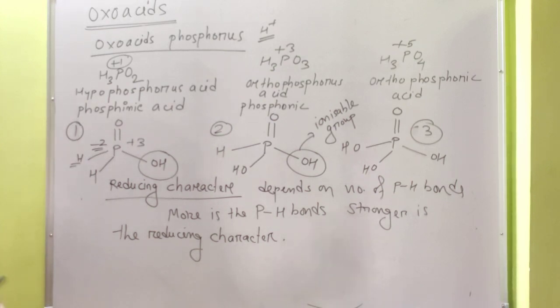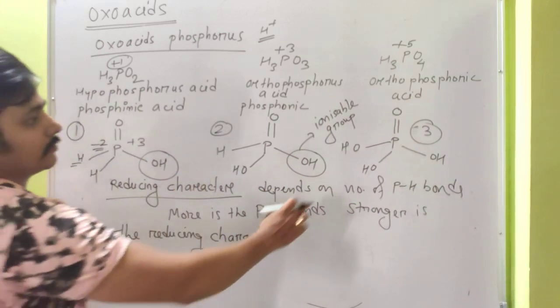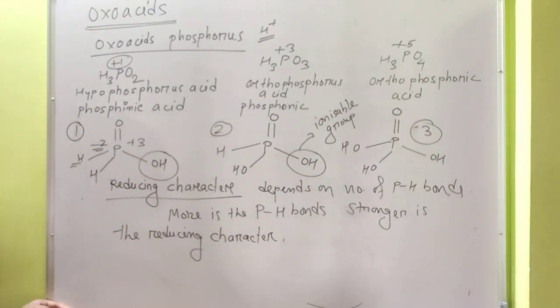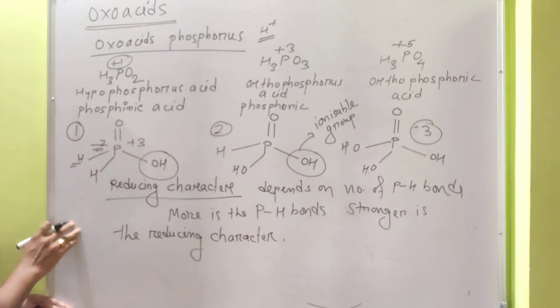Now look at the number of P-H bonds. In this compound, the number of P-H bonds is 2. Here 1. There is no P-H bond in this case. So which one is supposed to be the stronger reducing agent? This one. Why? Because it has 2 P-H bonds.